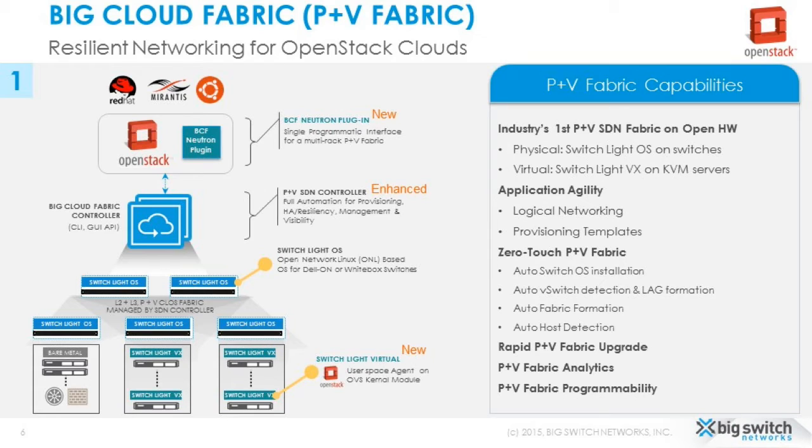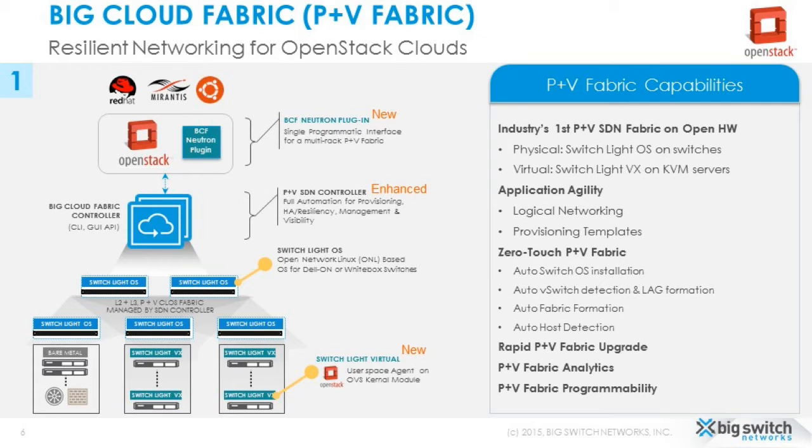Zero-touch fabric enables complete control and management of physical switches within Big Cloud Fabric without manually interacting with the switches. It tremendously simplifies day-to-day network operations. Big Cloud Fabric controller coordinates rapid fabric upgrade. Last but not the least, fabric analytics and fabric programmability is supported.